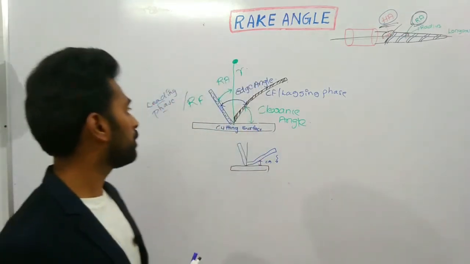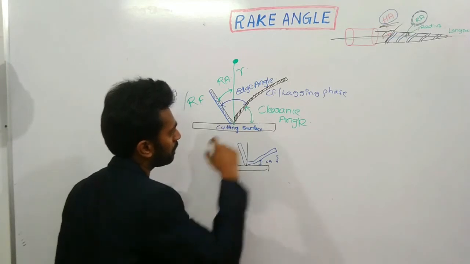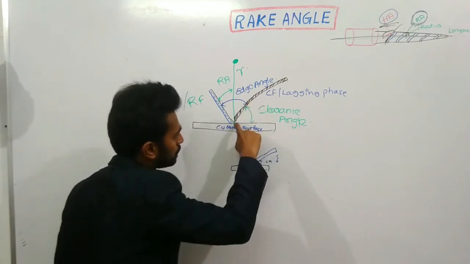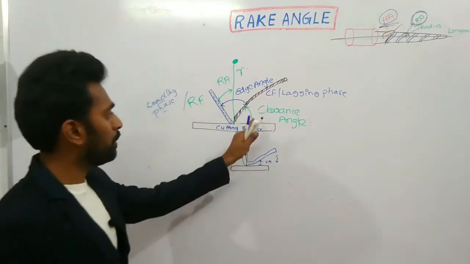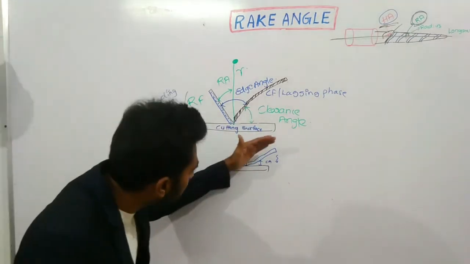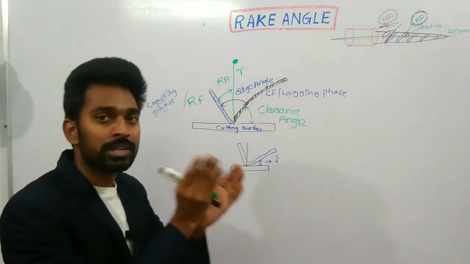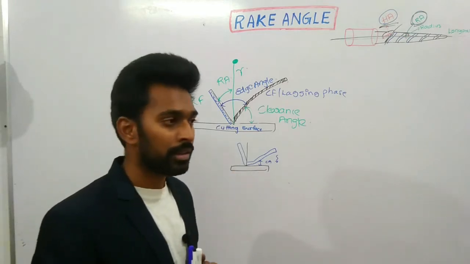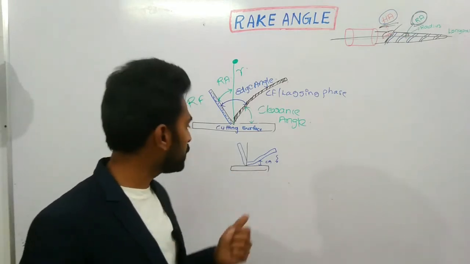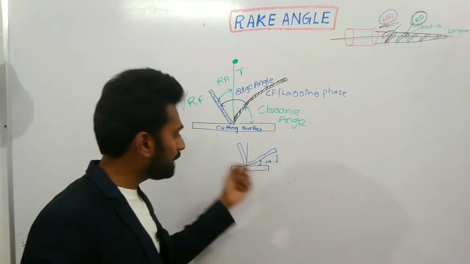Suppose this clearance angle is reduced, the face will come very close to the cutting surface. Then what are the consequences? As a result of the reduction in clearance angle, the space required for the collection of debris is reduced. The second point, there will be generation of friction between the blade and the cutting surface.